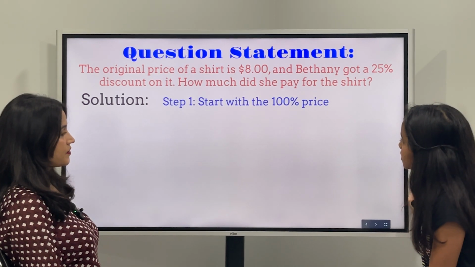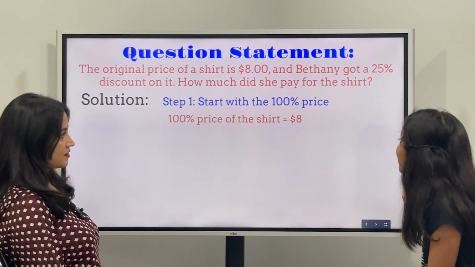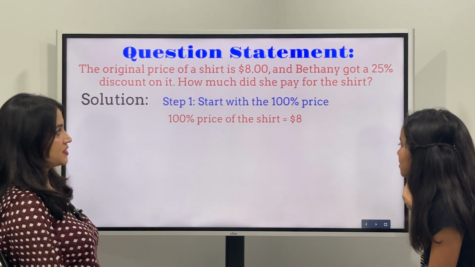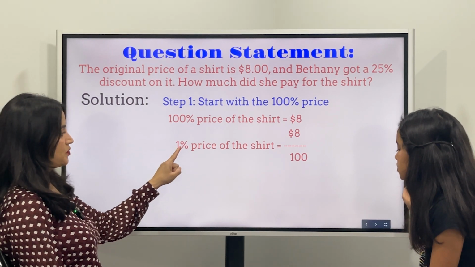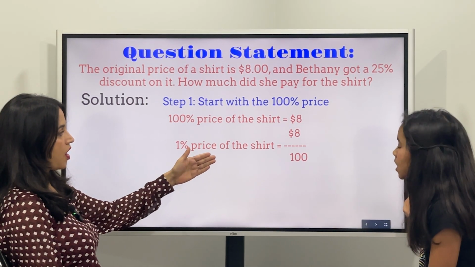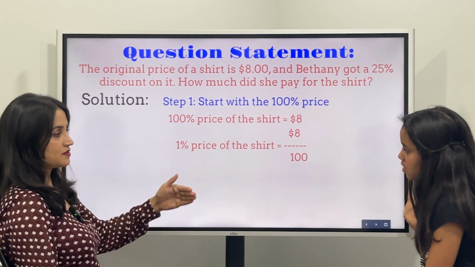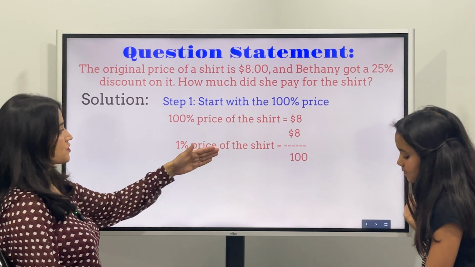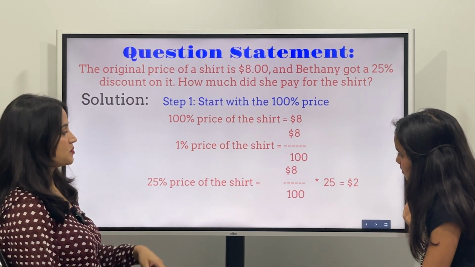Solution. Step 1: start with 100%. The price here is $8, so this is 100%. Now will 1% of the shirt be less or more? It'll be less, and less means division. So 8 divided by 100. Now you have to find the 25%.